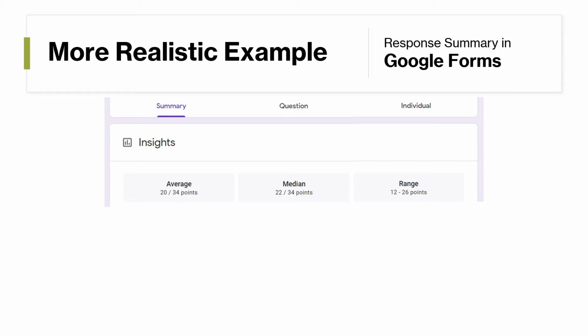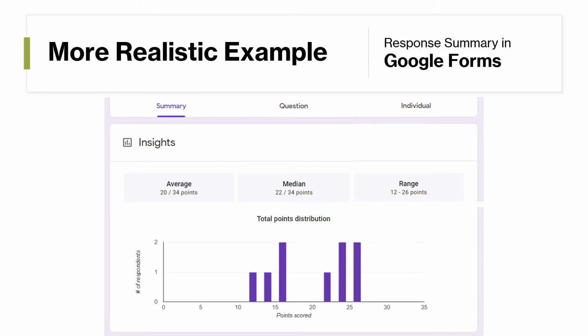In fact, if you see the point distribution here, you can see that two people scored 26, one person scored 12, which is the minimum, and 26 is the maximum, and two people scored 24. So it is dispersed, distributed.